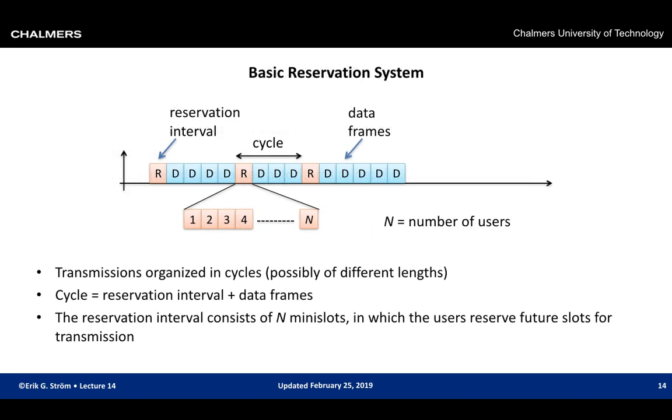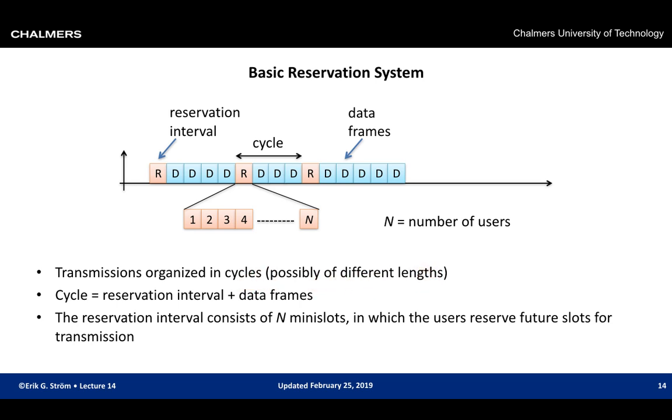If we start with the very simplest thing we can think of when it comes to reservation, we have this notion of cycles, reservation intervals and data intervals. Transmissions are organized in cycles, and these cycles could potentially be of different lengths.